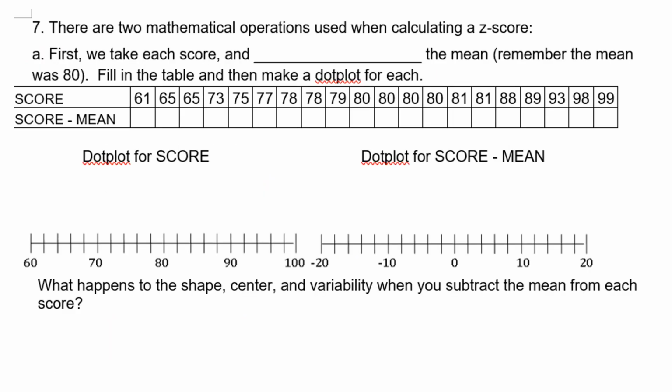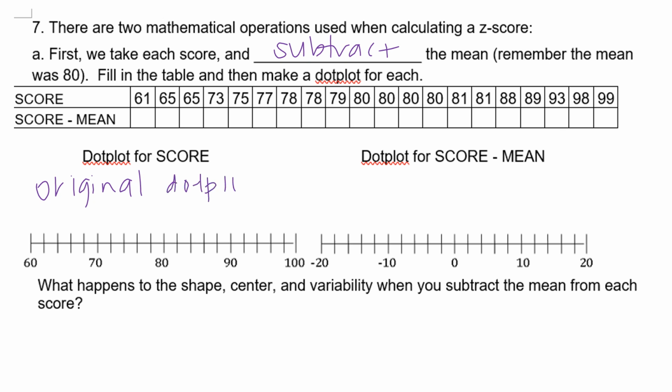All right. There are technically two mathematical operations when you are calculating a z-score. First, we take each score and we subtract the mean. And so what I would like for you to do is fill out this table, and once again go ahead and you can pause this. The dot plot for score that's on the left hand side here is the original dot plot.